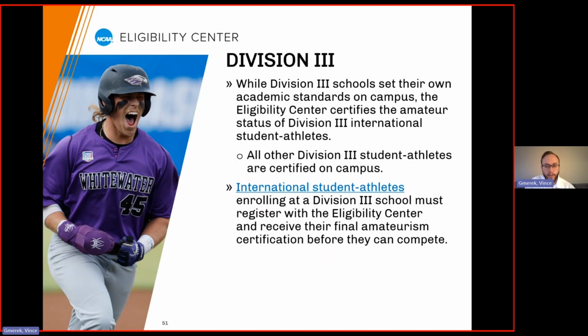So very important if you're planning on attending a Division III school, you need to be working closely with that Division III school to determine what admissions and academic eligibility standards they may have regarding their particular certifications.